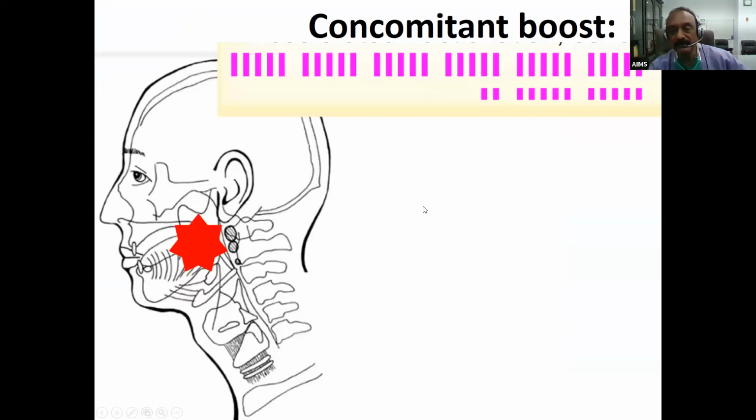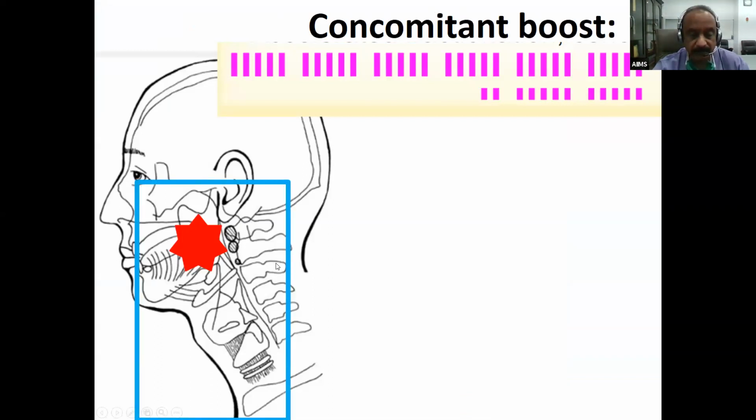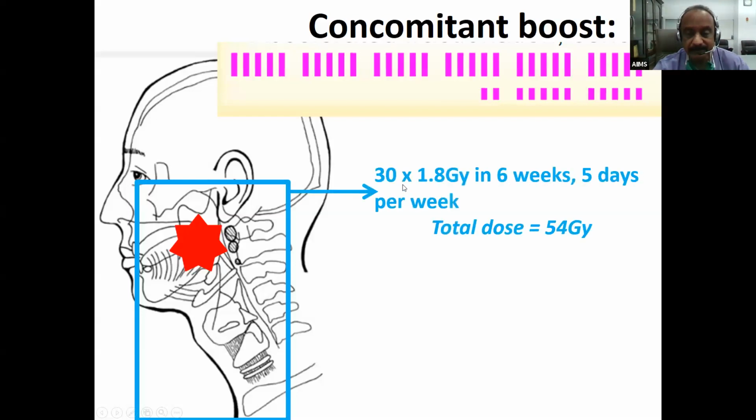Now coming on to concomitant boost. Now what is concomitant boost? Just to explain, in concomitant boost, you treat first the whole neck along with the primary tumor and deliver a dose of 1.8 Gray per fraction, 30 fractions in 6 weeks, 5 days per week, and the total dose is 54 Gray.